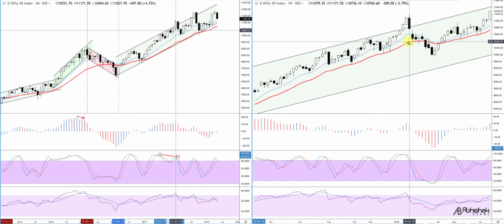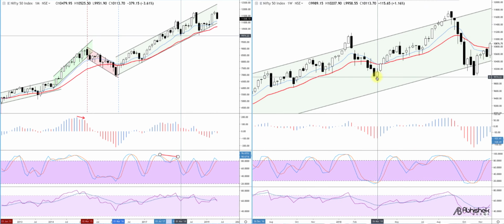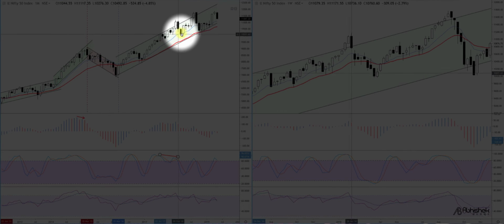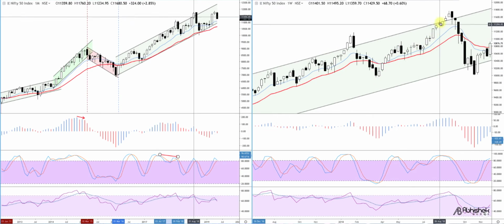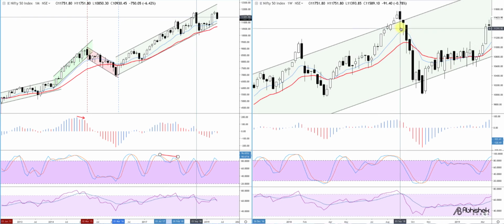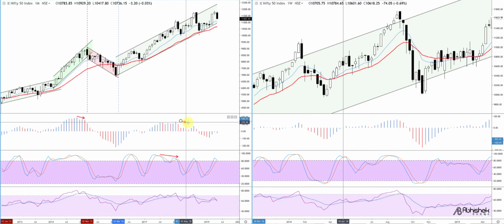Okay, the prices fell. Once again, you enter here. This is the monthly value zone. You see here? This is the monthly value zone. You enter here. Keep entering till you get a bearish divergence in the monthly chart.